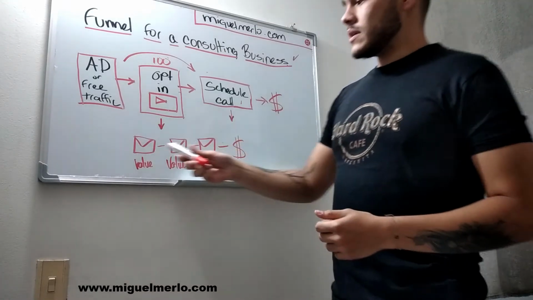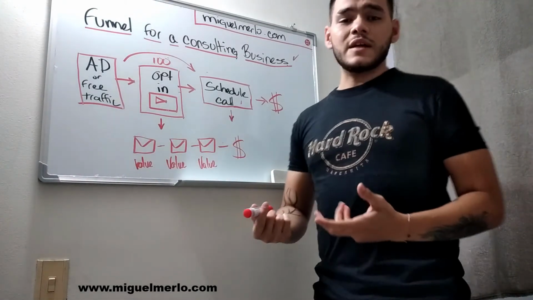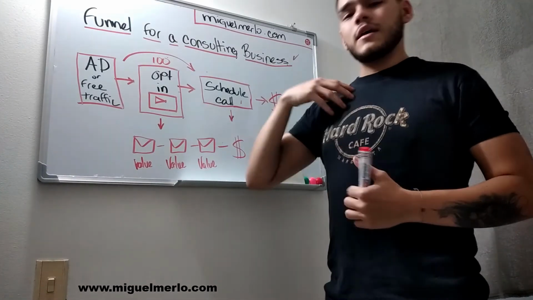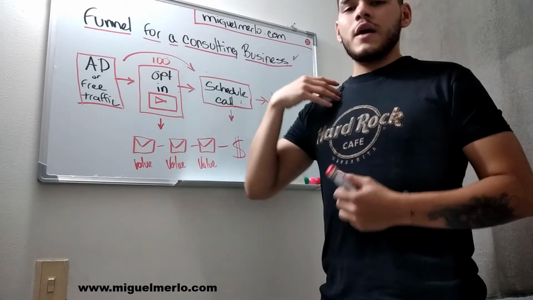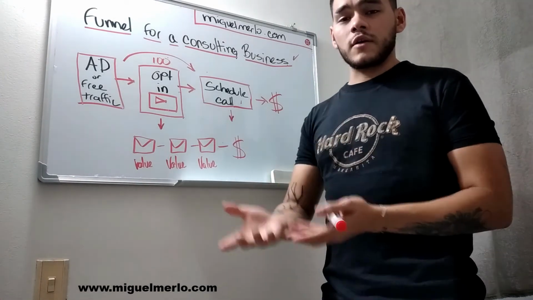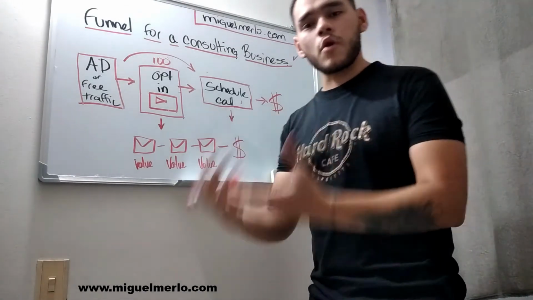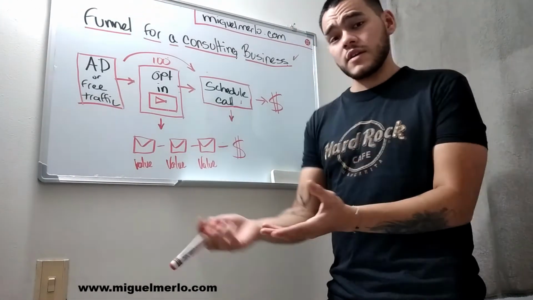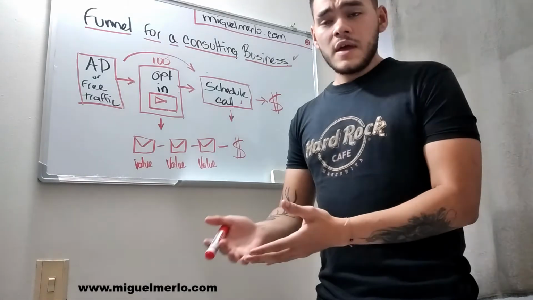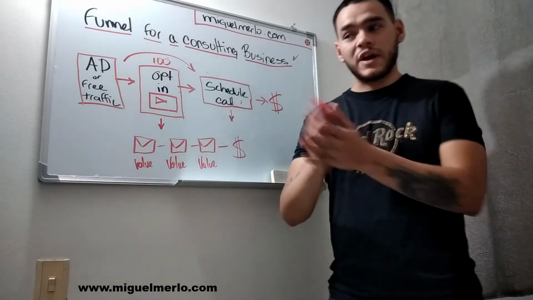You're going to be sending 3 emails. In these emails, you won't sell anything, right? You're going to give as much free value as possible, so you can create a connection and a bond with your audience, and they will trust you more because they will be saying, this guy is giving me everything for free, so what will happen if I buy from him, if I work directly with him?